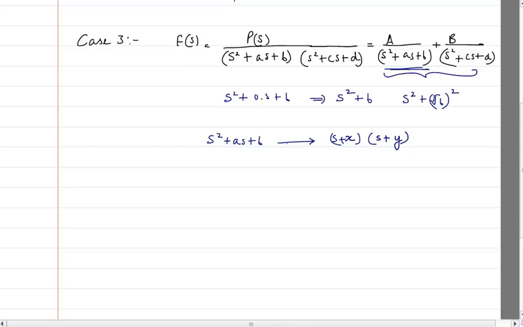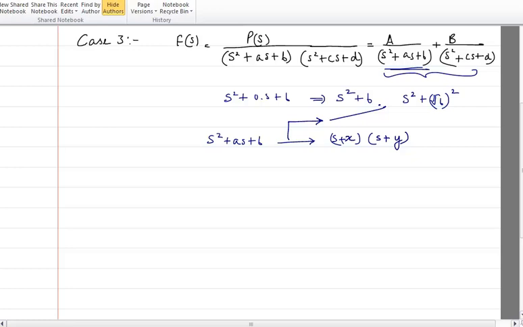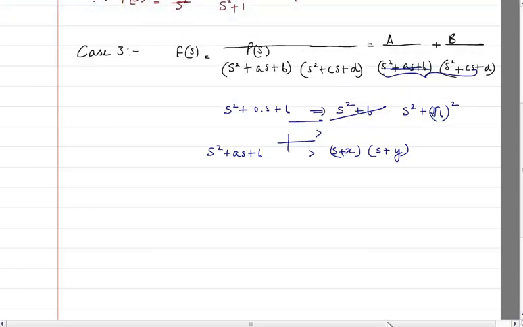Another form, yesterday what we had seen is that it can come in this form, s square plus b form. Another very important category is that you can write this in a form which looks like s plus m the whole square plus n square.